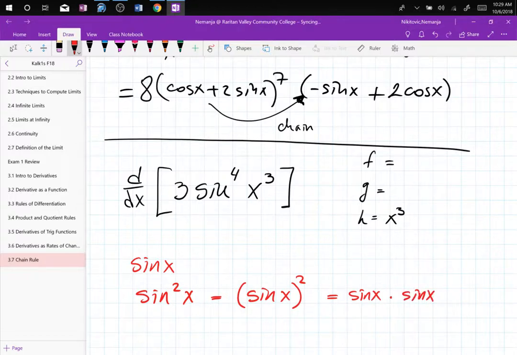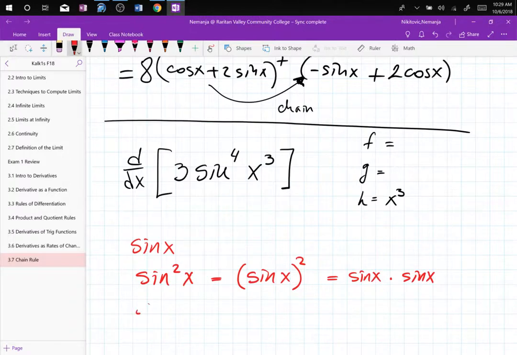Are we agreed on this? And then we have sine x squared, which is sine x times x. So these 3 lines are different from each other.